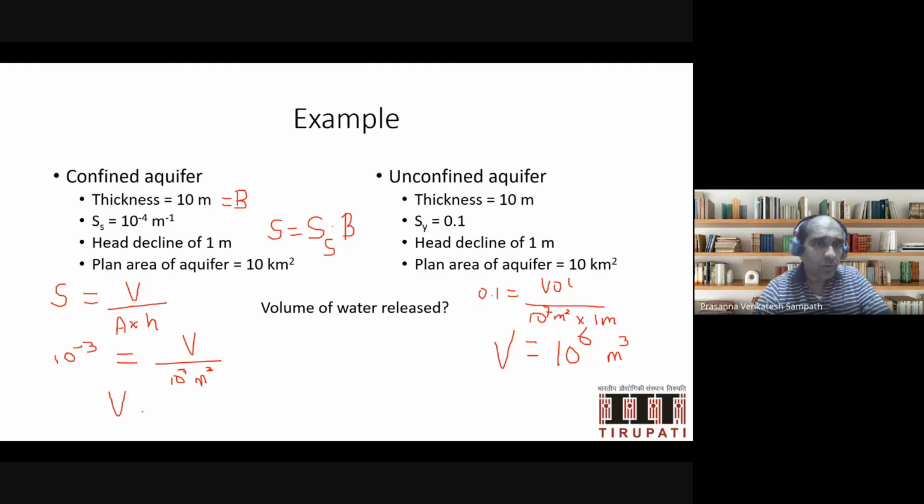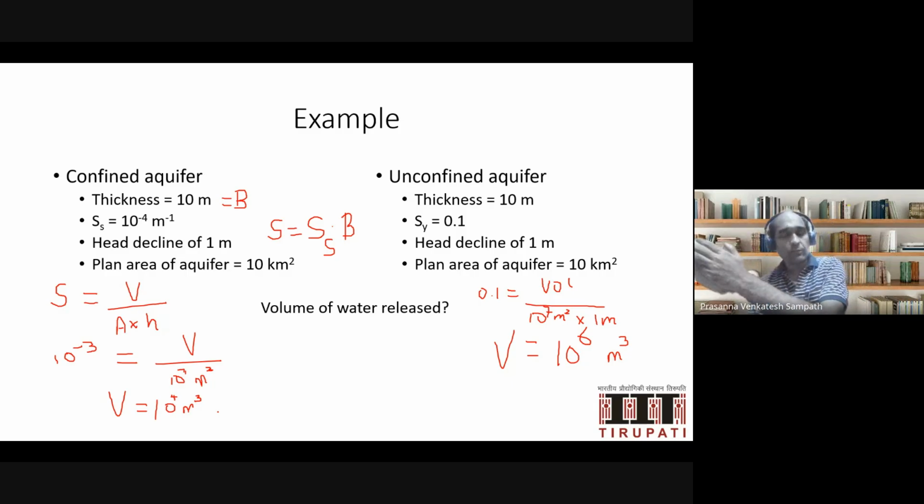So the volume of water released by the confined aquifer is 100 times less. Okay, so I'm not going to try and write this. Fine.